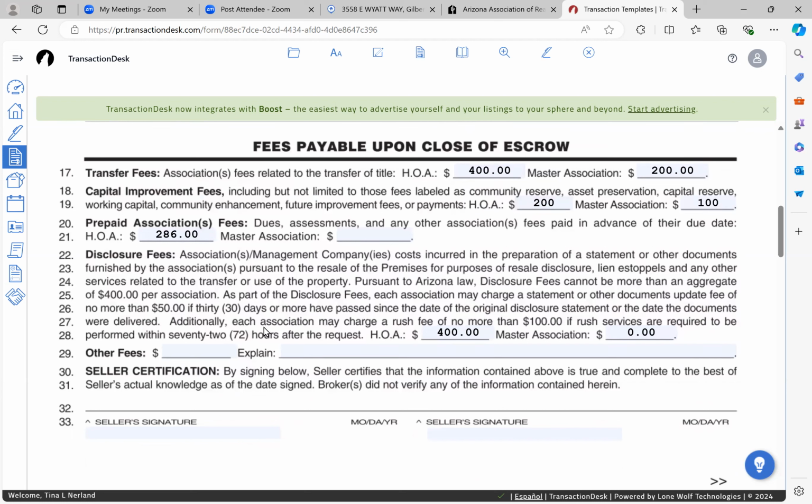Now, let's say you get under contract. The HOA gets the disclosures, orders them, whatever. They charge you $400 because they ordered it. Well, then contract number 1 falls out.